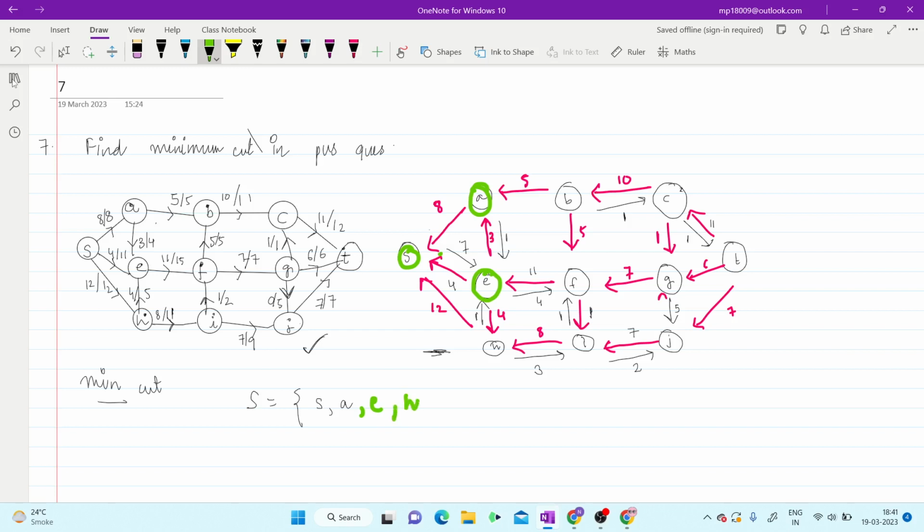So this is also there. Is there a path from S to I? Yes, we have a path from S to H, then we go to I. So there is also a path from S to I. So this is also in S.